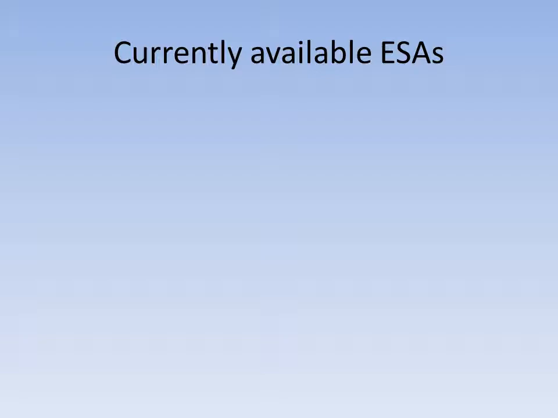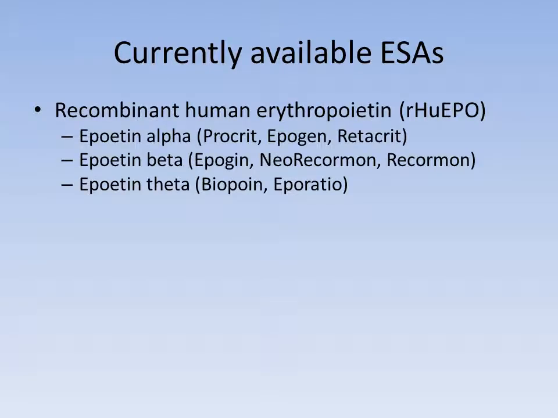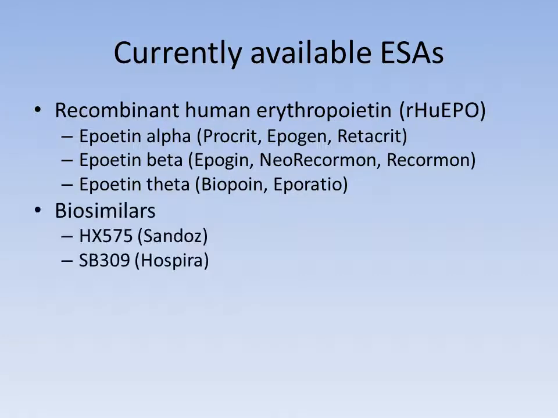Okay, there are several different erythropoiesis stimulating agents, we call them ESAs, available in the market today. So we talked about erythropoietin alpha or epoetin alpha. There's epoetin beta and epoetin theta. Epoetin alpha is manufactured by Amgen, and of course it's approved by the U.S. Food and Drug Administration for use in dialysis patients. We also have these medicines called biosimilars.